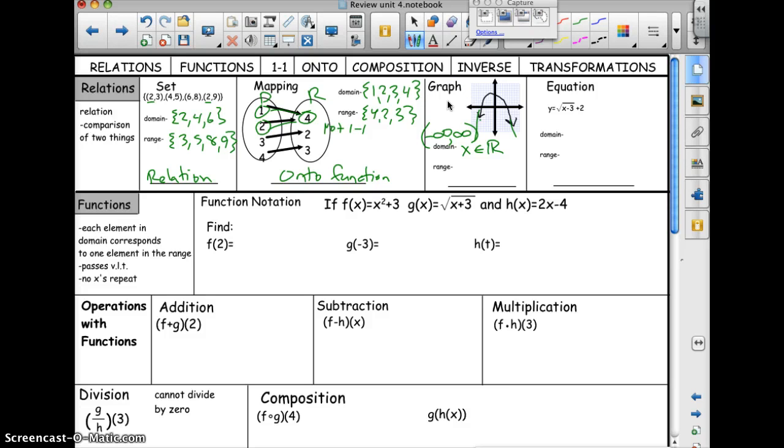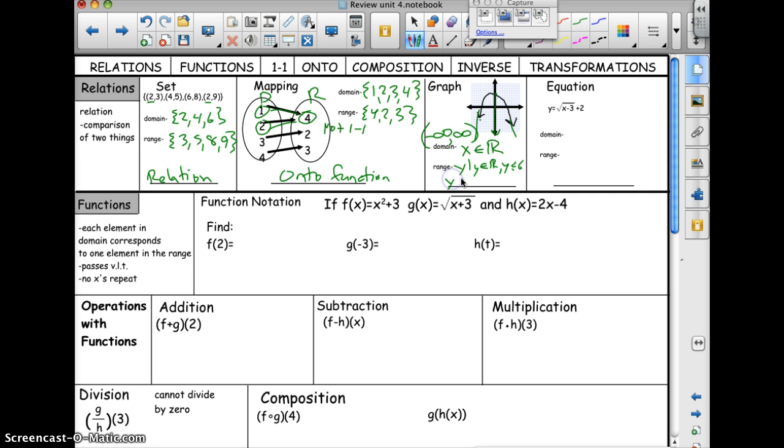Range. Now range is a different story here. These y values look like they go from here and down to negative infinity, right? That's way too small for me to see, so I'm just going to pick a number. It looks like it's about 6. So I can say it like this: y, such that y is an element of the reals, and y is less than or equal to 6.